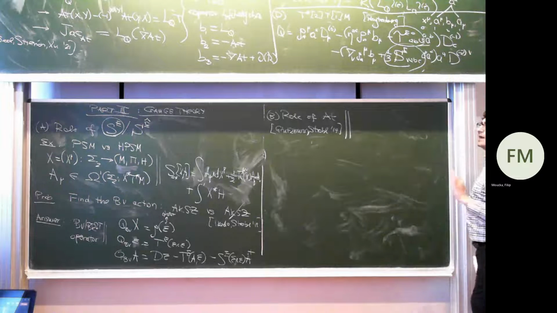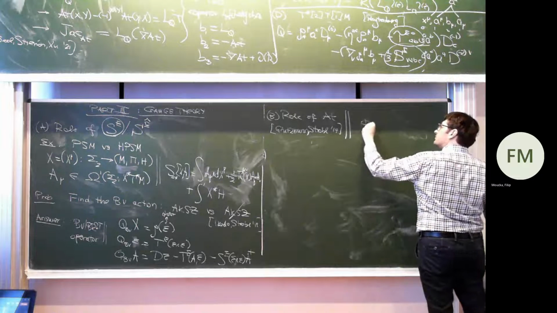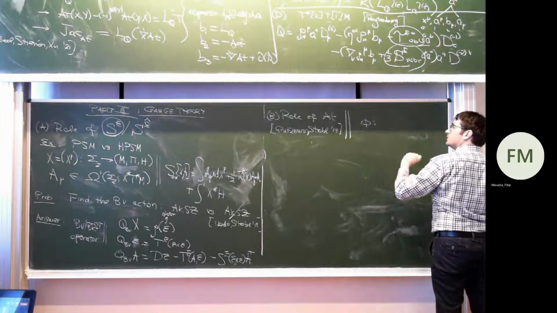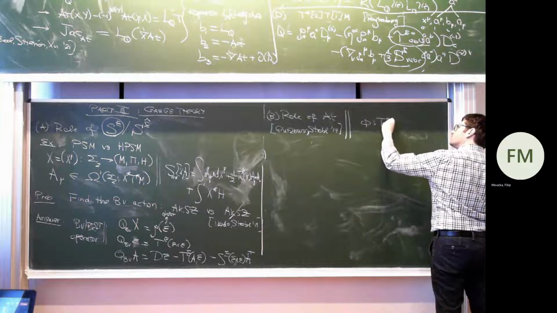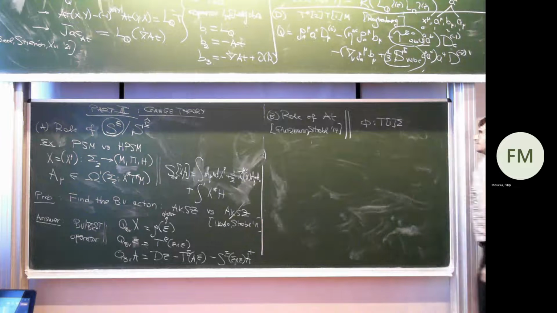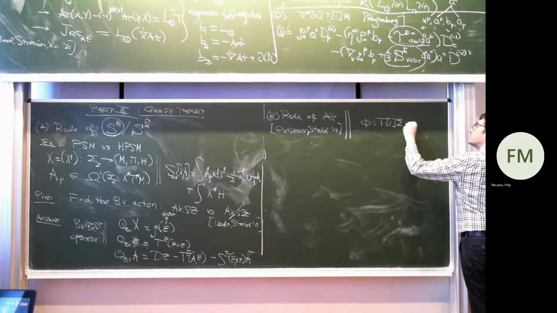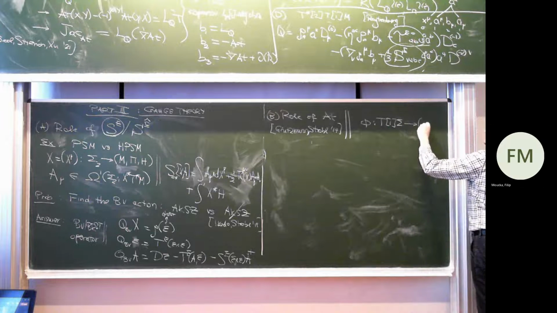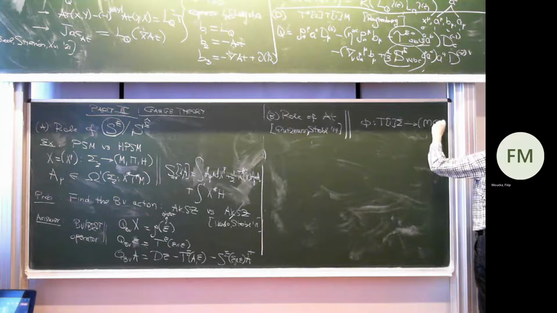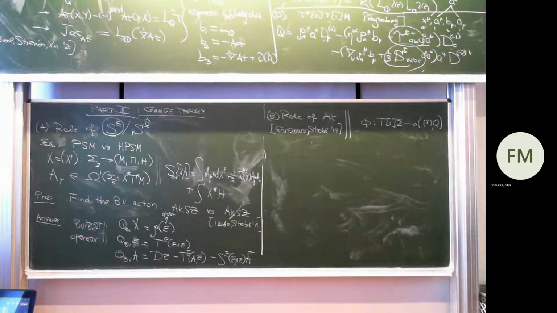sigma model style theories like this. So I'm going to consider maps from a Q manifold, which I will take to be the degree shifted tangent bundle of the space-time, which has functions which are differential forms, of course, to a DG manifold M with Q. And of course, if this is a QP manifold, this would be sort of the AKSZ construction, but let's be a little bit more general.